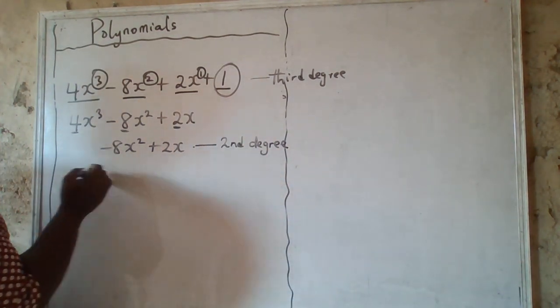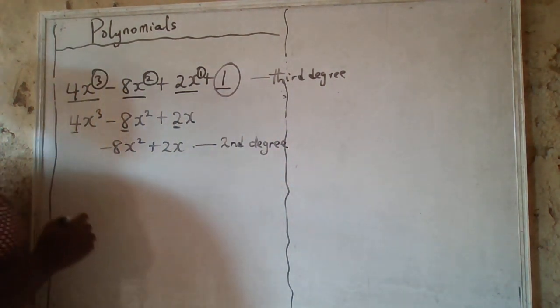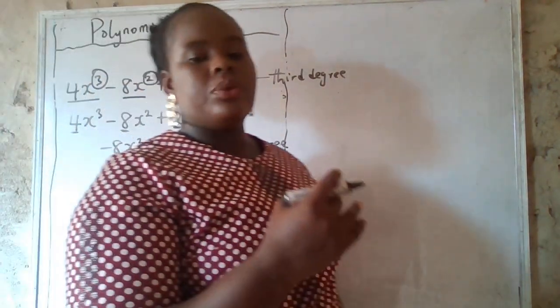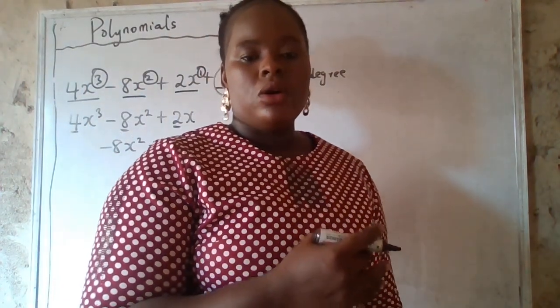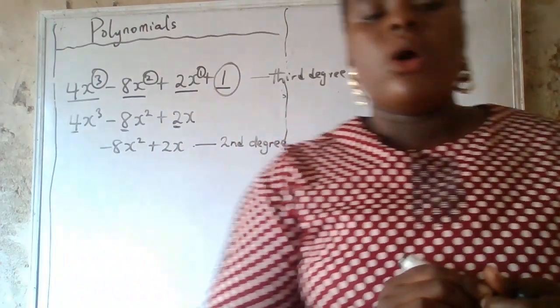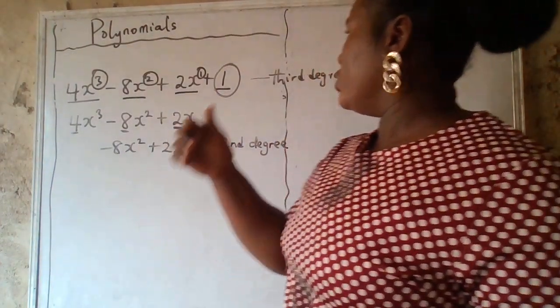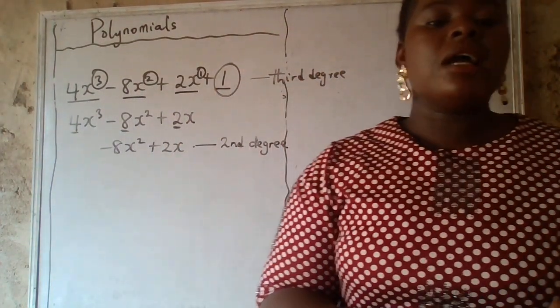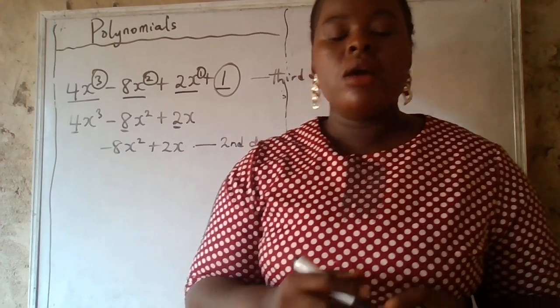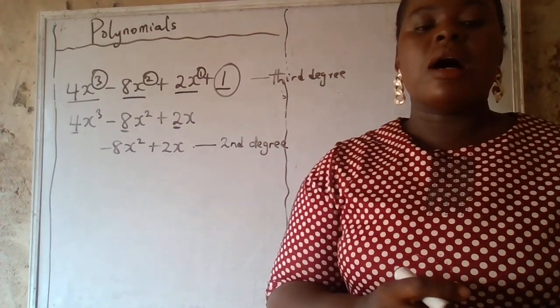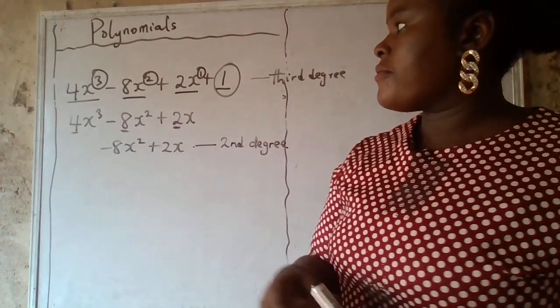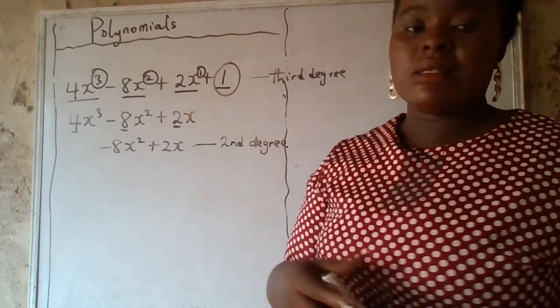And we have also seen that all our quadratic equations are polynomials of the second degree, and all cubic equations are polynomials of the third degree. Likewise, all linear functions are polynomials of the first degree.